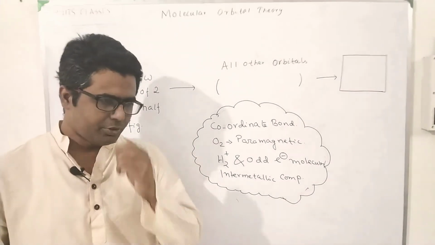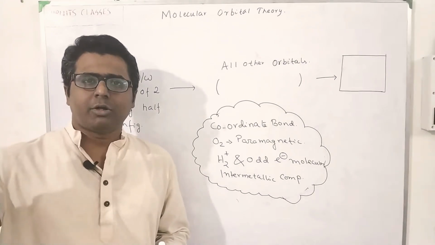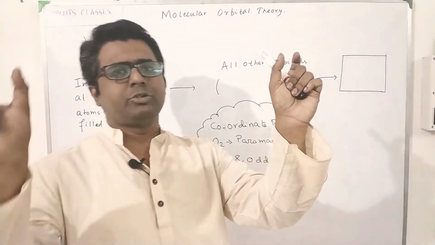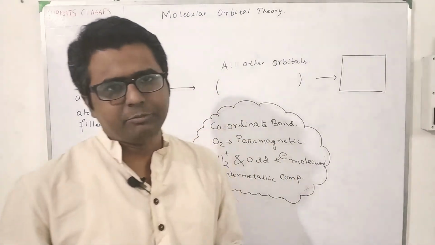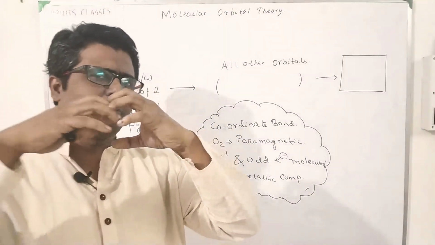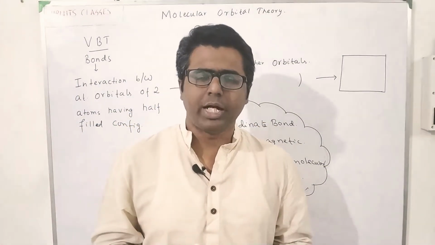So suppose there are two atoms and there is one half filled orbital and another half filled orbital. Those two will overlap to give a new orbital. So overlap of atomic orbitals will cause the bonding. That is what we know until now.